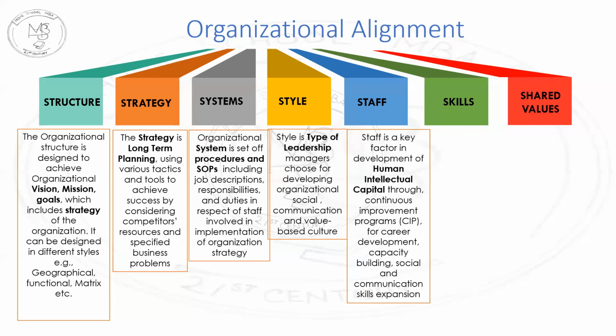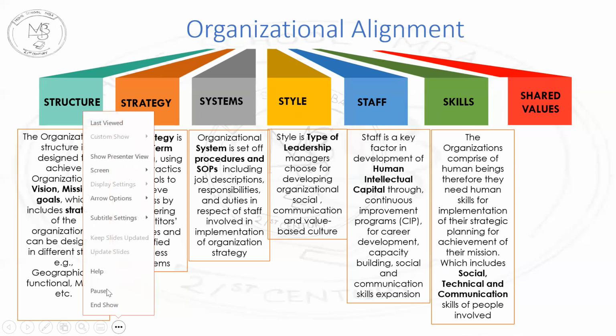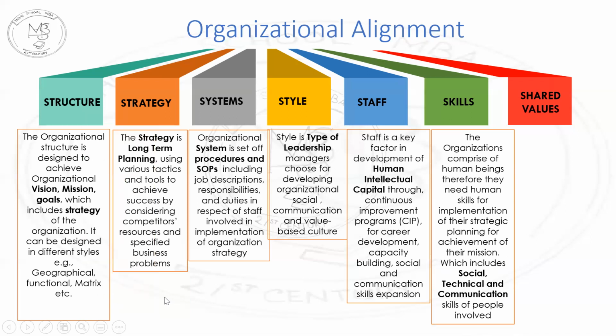Now here we then move down to the skills of the employees, that what kind of skills do they need to achieve the objectives we have discussed so far. And these skills comprise of human beings. Therefore what I mean is the organizations comprise of human beings, therefore they need human skills.